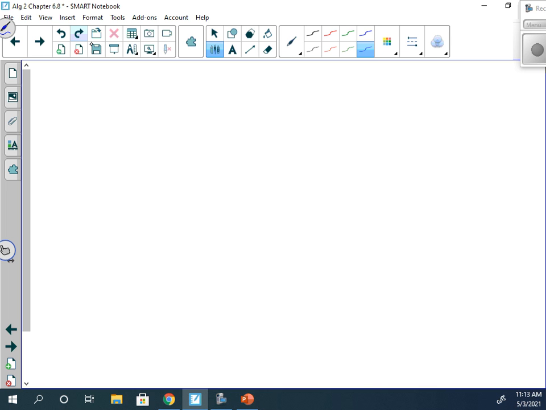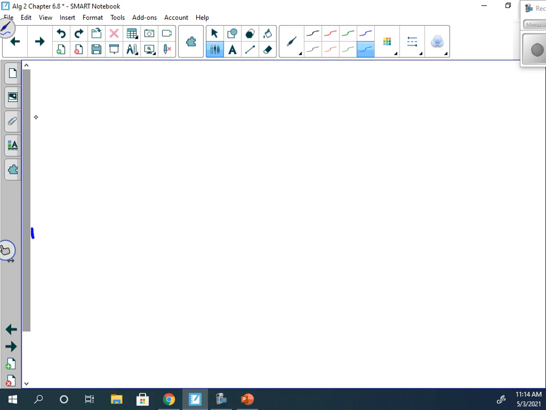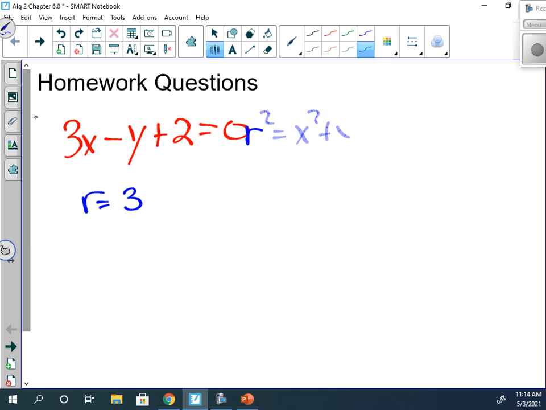It just works out that the value of r for that previous equation that we did was 0, and theta ends up being pi over 4. So we don't actually have an equation, r equals, because r is 0. We can only have the angle for it. So what we actually did was correct. It just worked out funky.